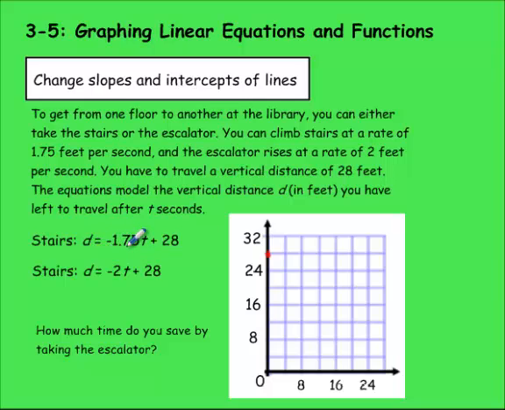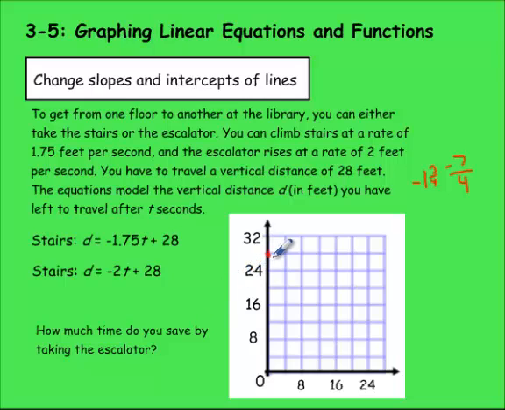This is negative 1.75. If I convert this into a fraction, it would be negative 1 3/4. But I'm going to do negative 7 over 4, so I can do rise over run. So 1 times 4 is 4 plus 3 is 7, so 7 over 4. I like improper fractions for rise over run because then I know what I'm doing. So negative 7 over 4.